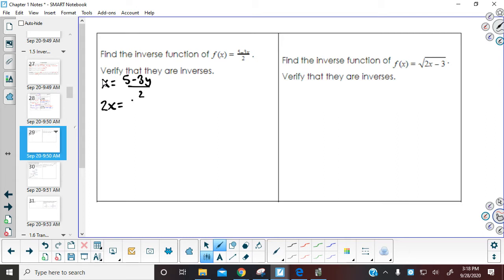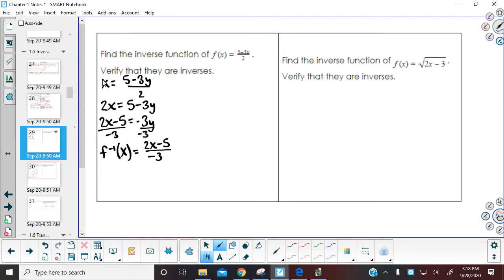So we get 2x equals 5 minus 3y. To keep solving, I'm going to subtract 5 from each side. And then I want to divide each side by negative 3. When I do that, that's going to be my inverse function. So my inverse function is going to be 2x minus 5 over negative 3.